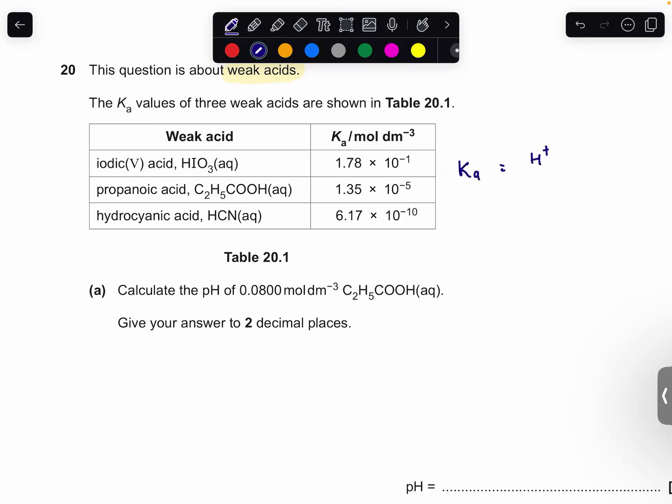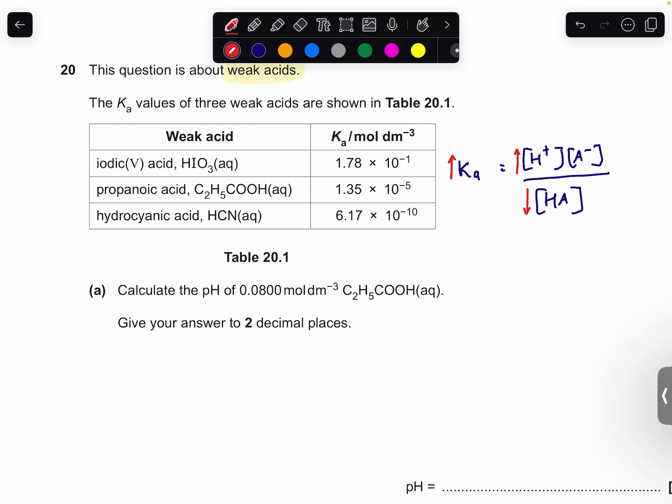is H plus, and the rest of the weak acid, the negative ion, over the concentration of HA. What's interesting is the greater the Ka value, that means there's going to be more dissociation, and the original concentration of the weak acid will decrease.